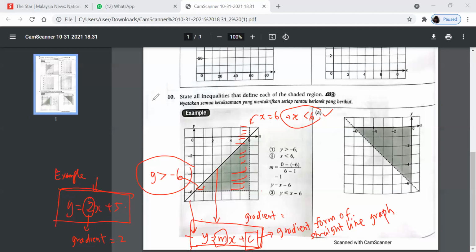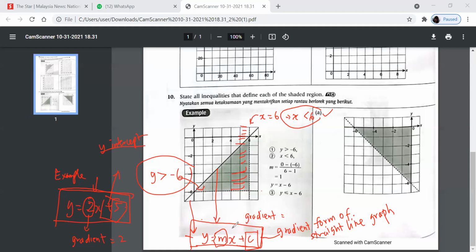Got it? So important, I must know. And then what is the 5 here? The 5 is called the y-intercept. This 5 is your c. So that is the gradient form.